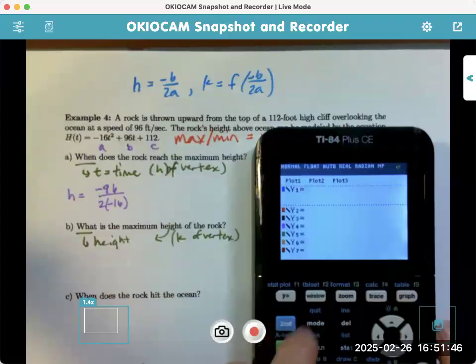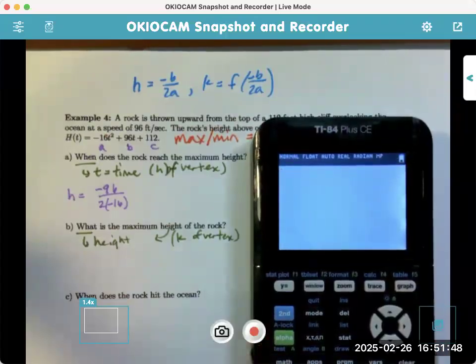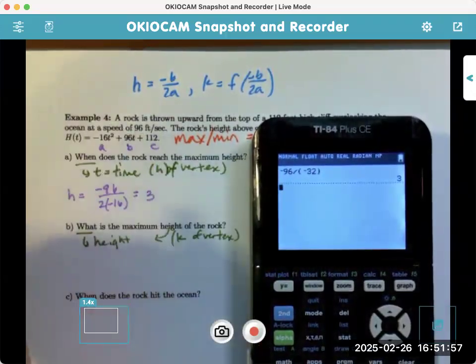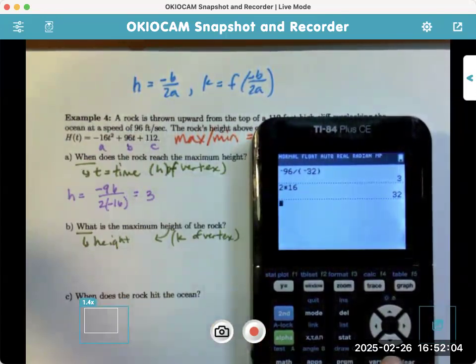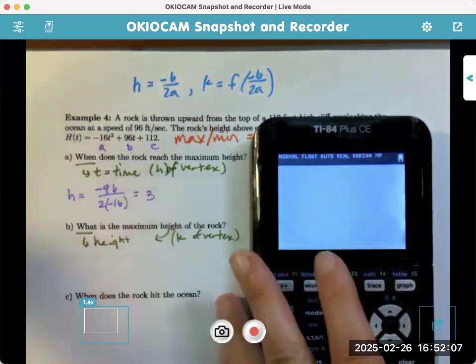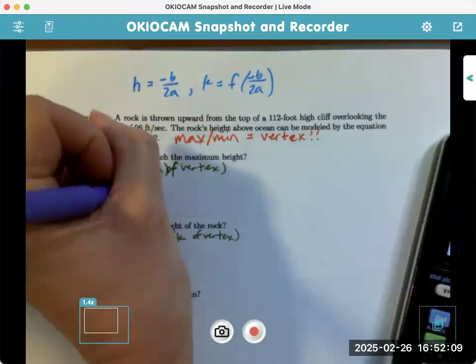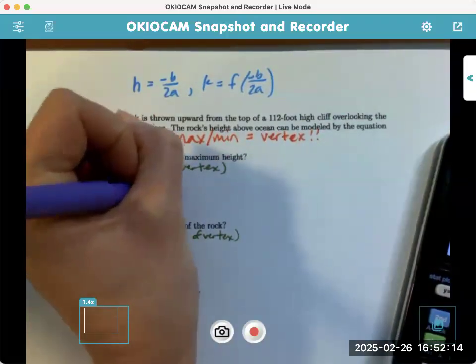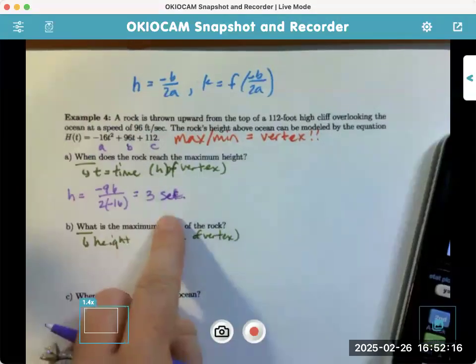Negative 96 divided by negative, what, 32? So this is 3. I don't trust myself, right? 2 times 16. Yeah, okay. Sorry, I had doubt. So 3, what is it? Seconds. So after 3 seconds, we reach the maximum height.